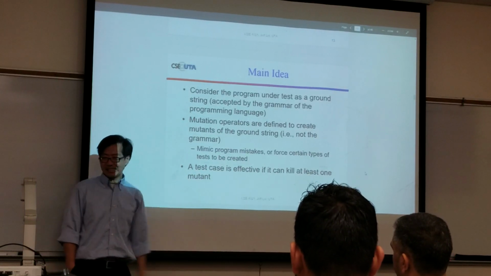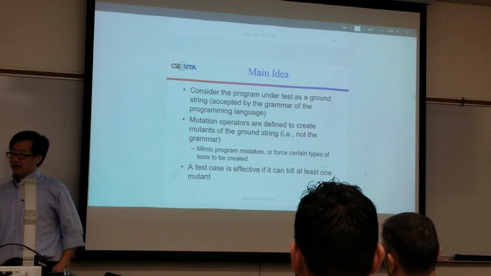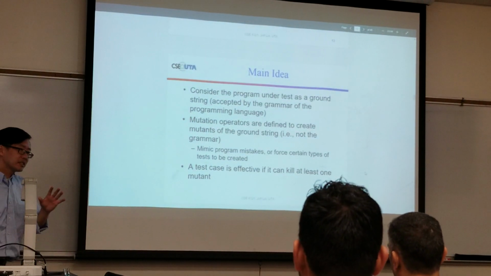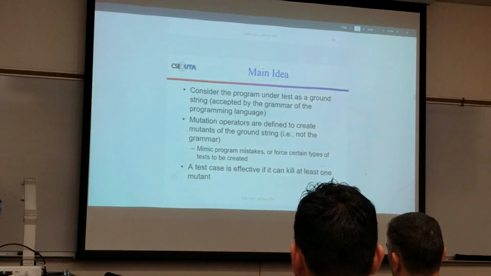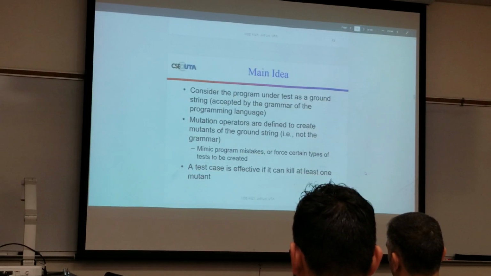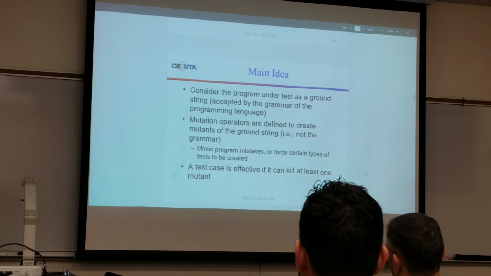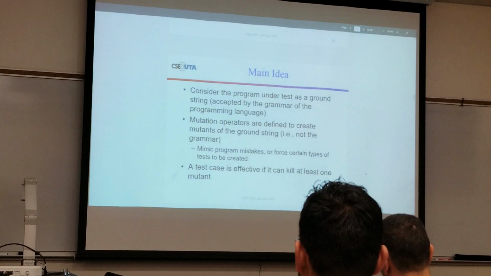And the test case is effective if it can kill at least one mutant. So from a certain perspective, to simplify the discussion, each mutant represents one possible bug the program could contain.